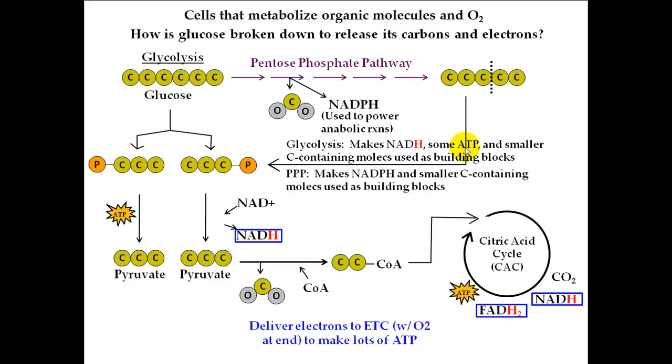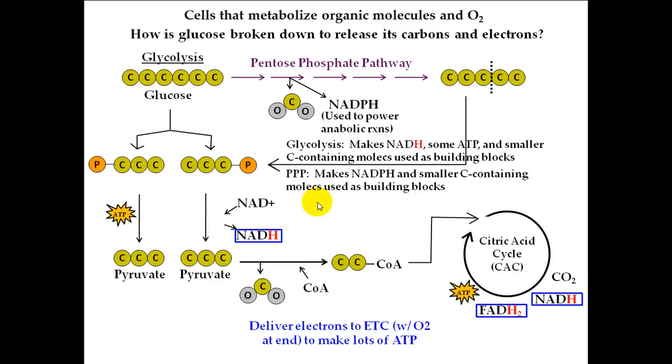Also some ATP is directly made by glycolysis. So if a cell is in big need of energy, if it's in big need of ATP, then it would probably use glycolysis to break down that glucose, because glycolysis makes just that: a lot of energy.